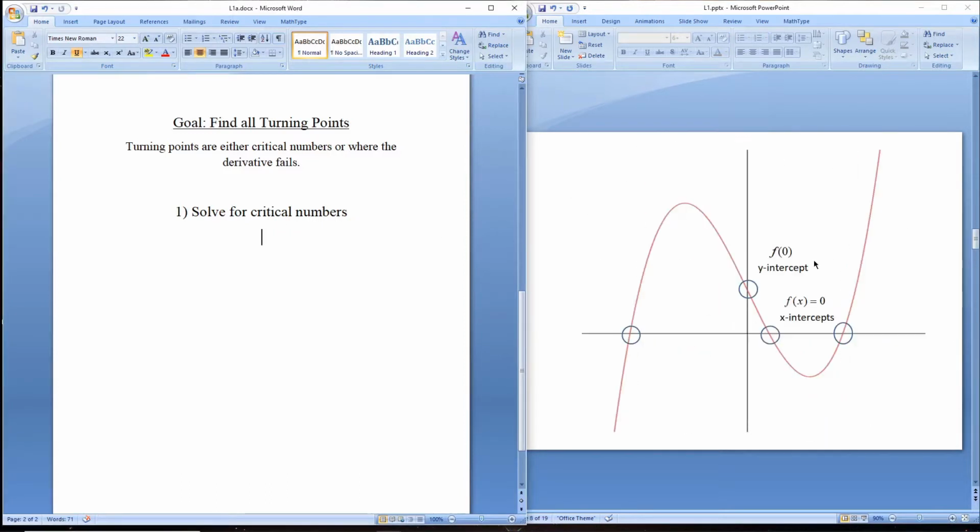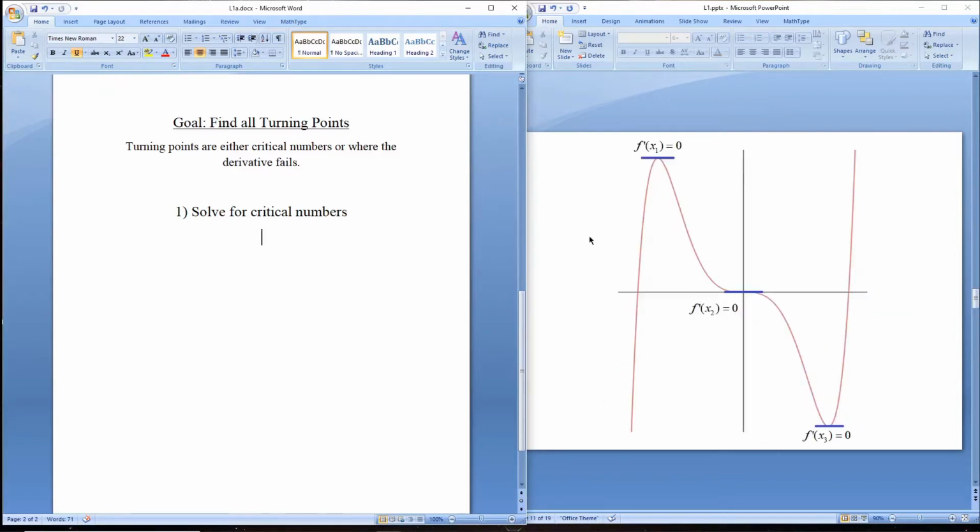So that was this picture here. So we're going to solve for our critical numbers. And then we have to make sure that we're rejecting the plateau. So the plateau is a critical number, but it's not a turning point. Remember, that's our goal, to find all the turning points. So we solve our critical numbers, we reject any that are plateaus.